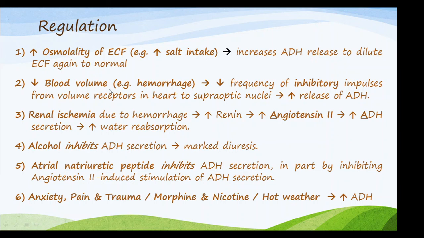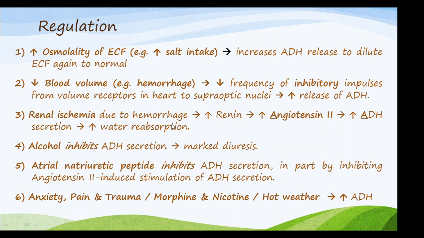Decrease in blood volume, for example in hemorrhage conditions. There is a decreased frequency of inhibitory impulses from volume receptors in the heart to the supraoptic nuclei, so that there is increased release of ADH.